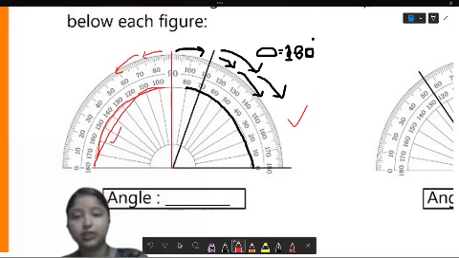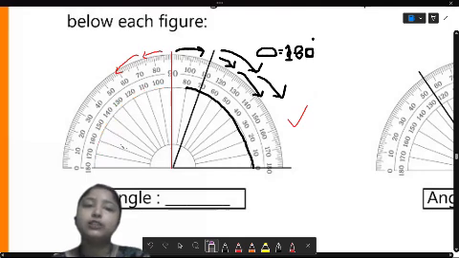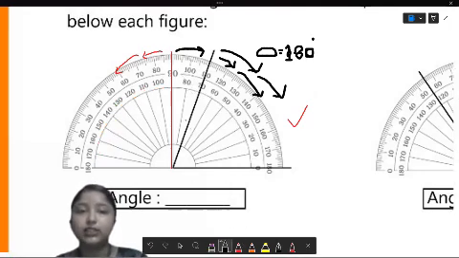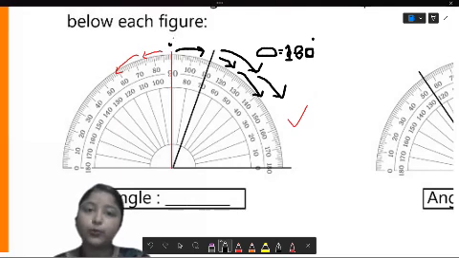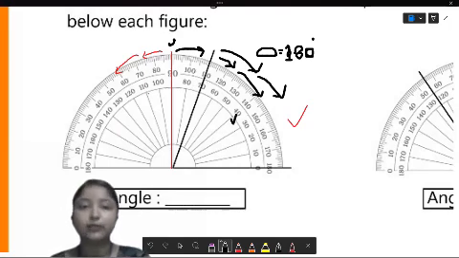Always keep this in your mind. It's obvious that if the right angle is this one, the angles smaller than 90 degrees are on the right side. Obviously the angles that are bigger than 90 degrees will be on the left side.